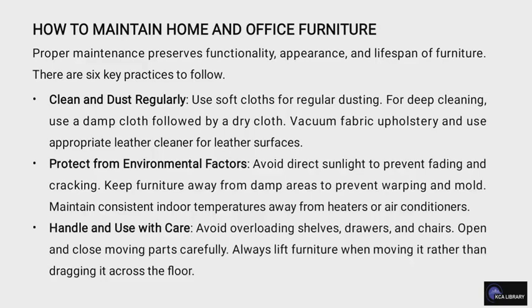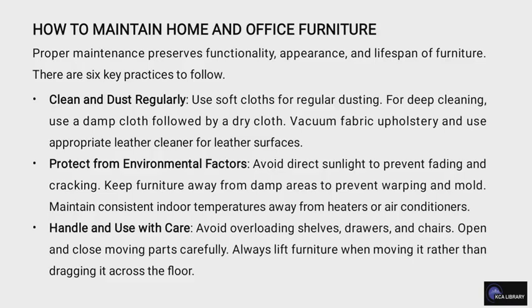How to maintain home and office finishing furniture. The first one is to clean the dust regularly. We protect from environmental factors, that is, avoid direct sunlight to prevent fading and cracking. Keep furniture away from damp areas to prevent warping and mold.